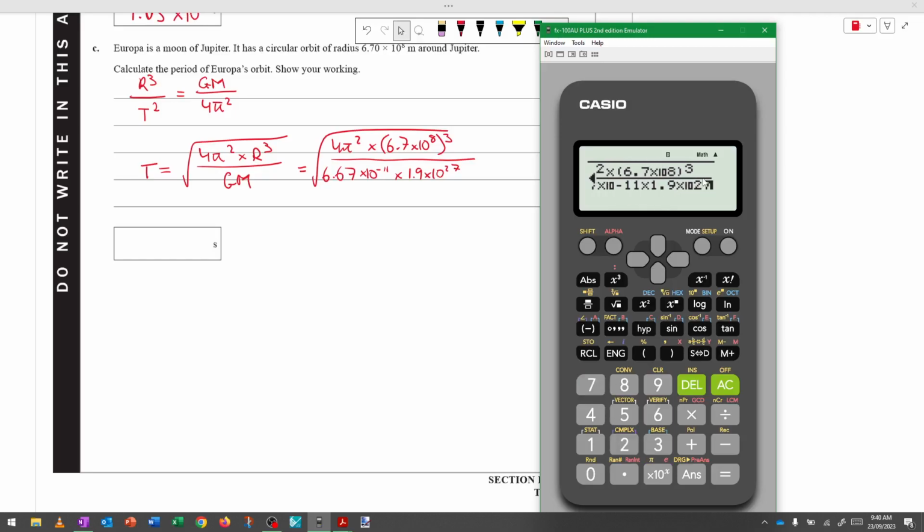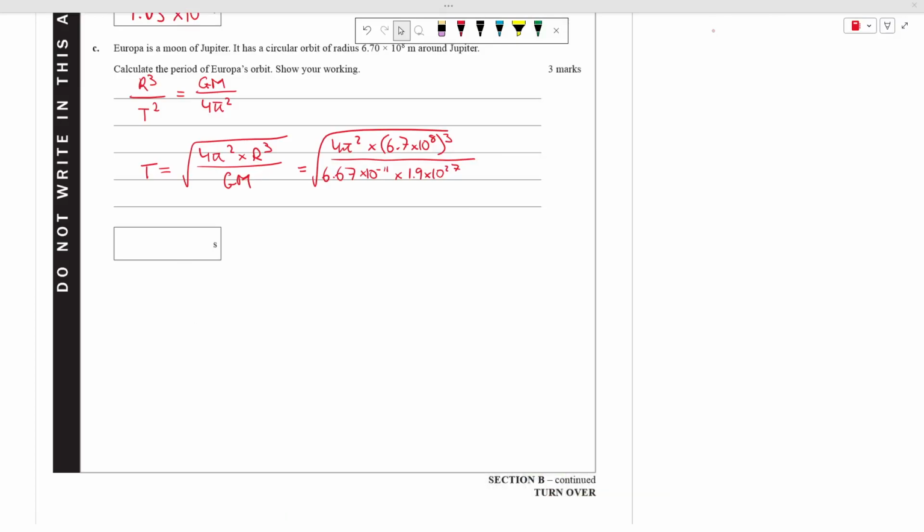I think I've typed everything right there. 306,000 seconds. Sure, why not? So 3.06 times 10 to the 5 seconds.